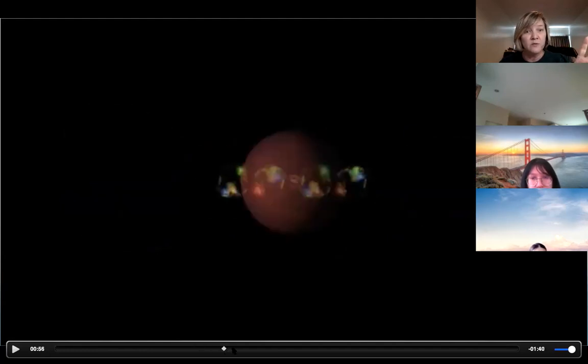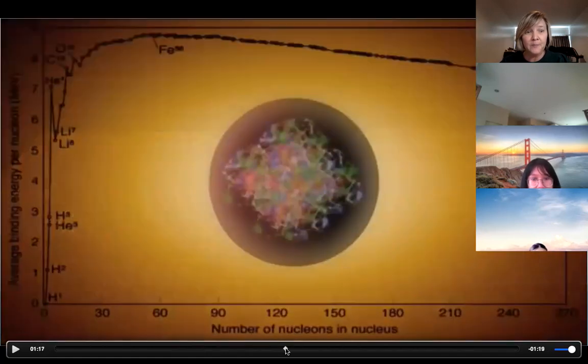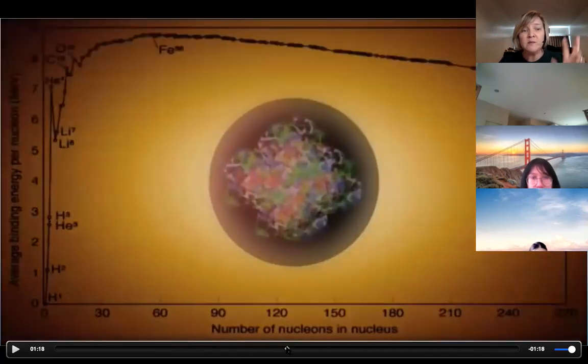So when we come to this graph, his point was basically as you add more nucleons to the nucleus, the nuclei become more stable because you have more of these strong forces holding the nucleus together until you get to iron. When you get to iron, the size of the nucleus becomes basically the limit of the attractive range for the strong force.